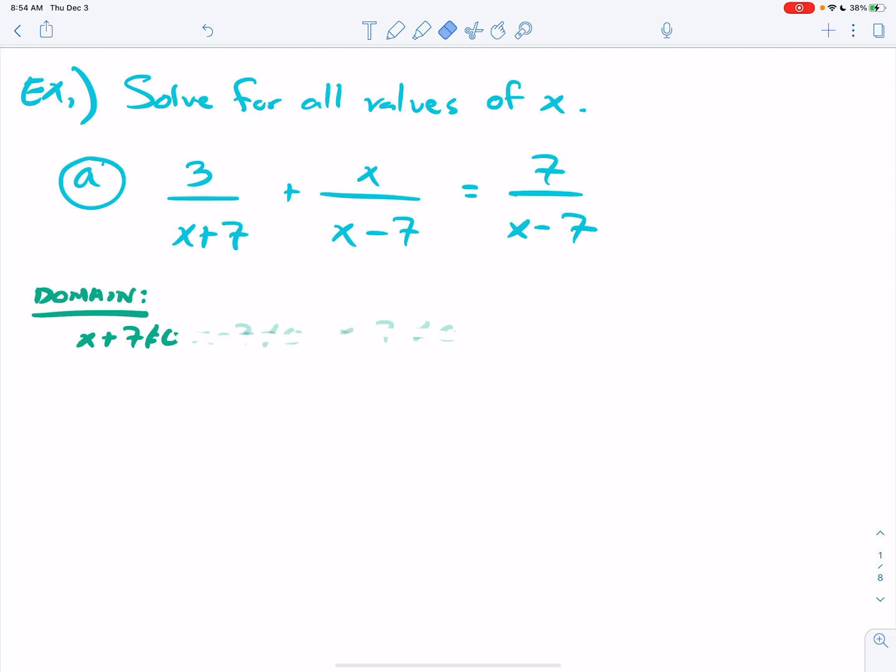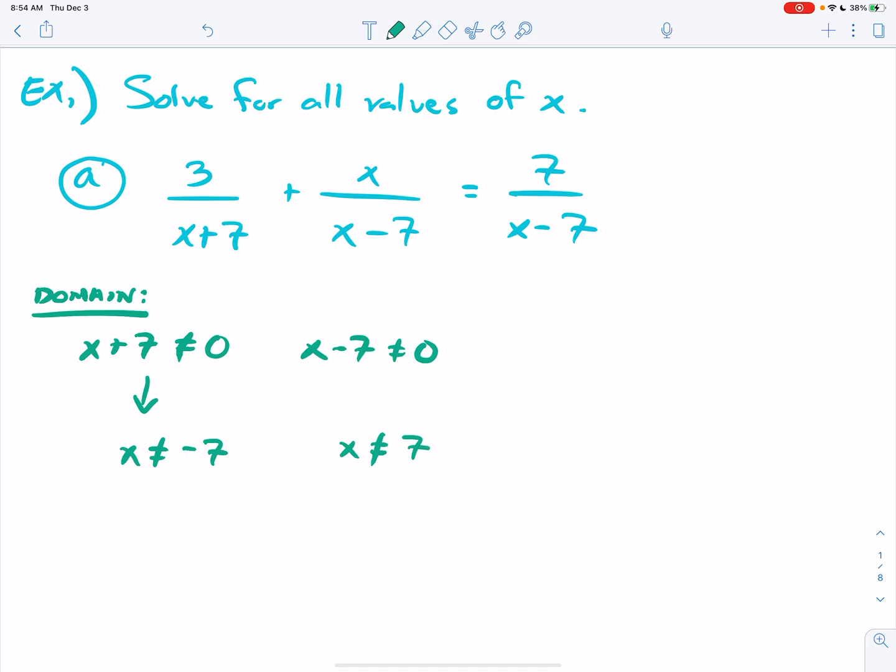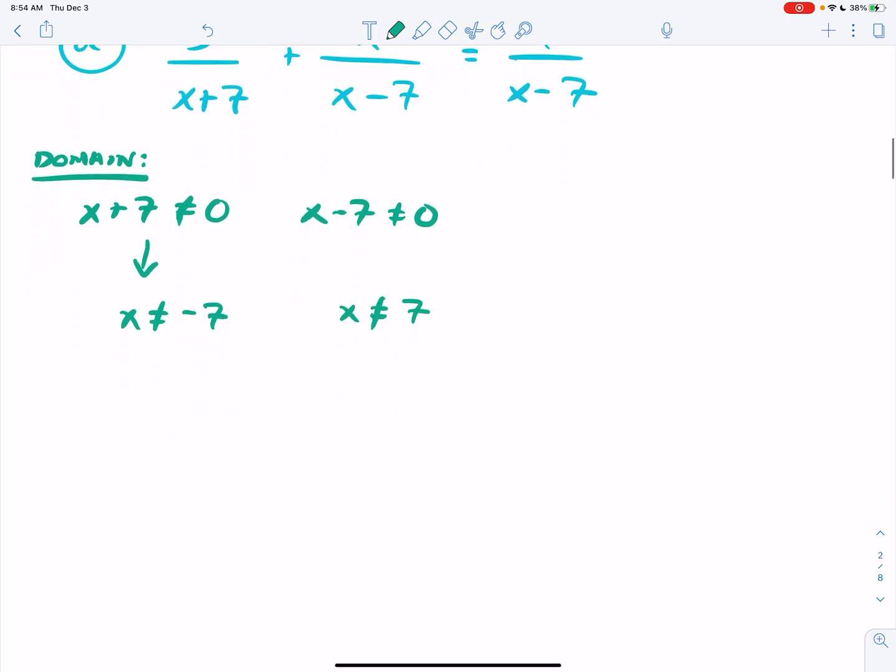Some of you are figuring out that you could just see what x can't be, and if you're ready for that, you could do that too. X plus 7 can't be 0, and x minus 7 can't be 0. We're not going to write it twice. So here, x cannot be negative 7, and x cannot be positive 7. So we're going to keep that there. We'll look back later when we have to check our answers, okay?